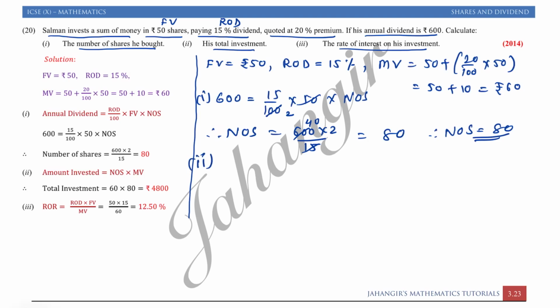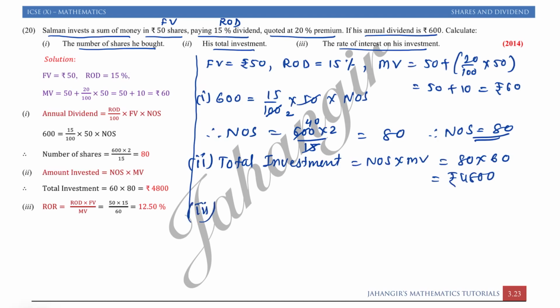Second, we have to find the investment. So total investment is equal to number of shares into market value. Number of shares is 80 into market value 60. 8 sixes are 48, so 4800. In the third part, we want the rate of interest. That is ROR, rate of return.